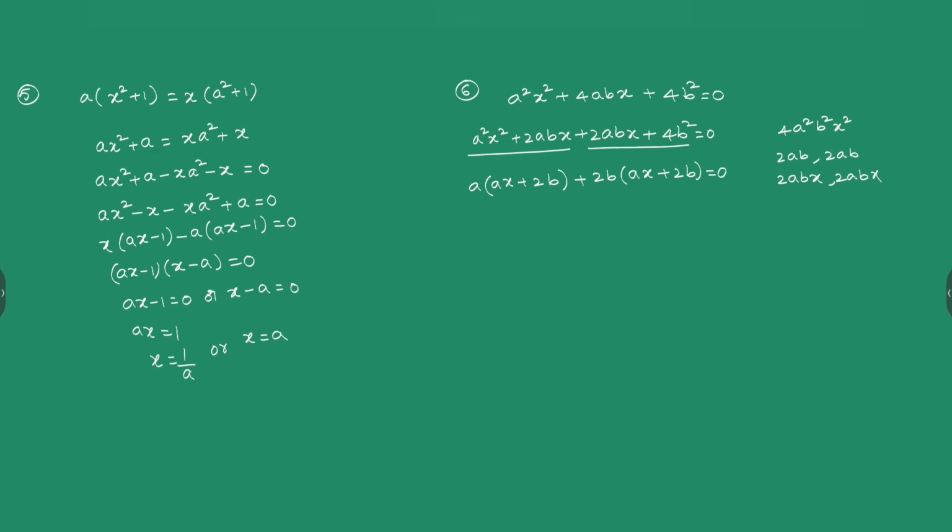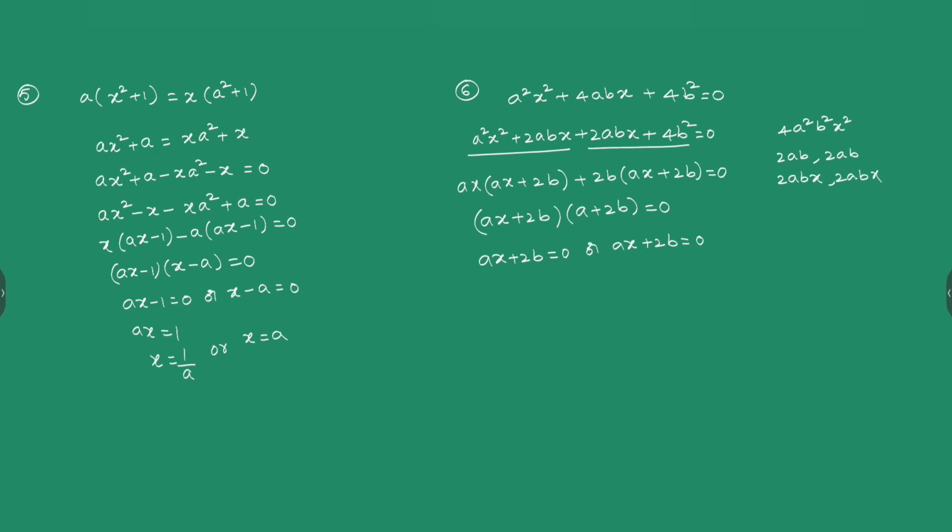So ax plus 2b common, then it will be left, not only a but also x. In this, not only a, ax common. So it is ax plus 2b again is equal to 0. So ax plus 2b is equal to 0, or again ax plus 2b is equal to 0.